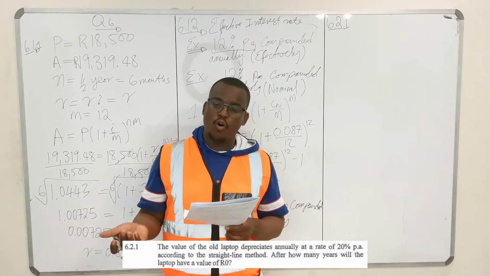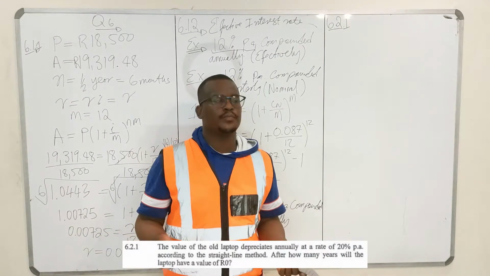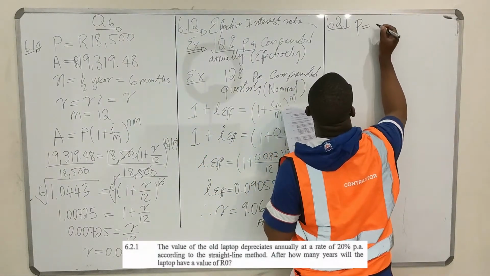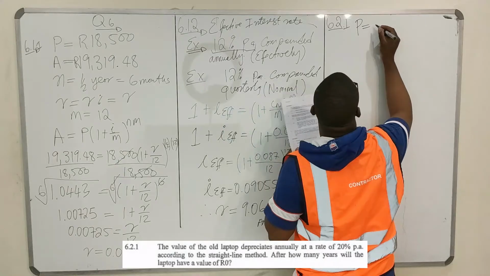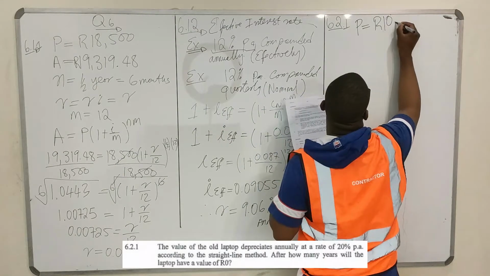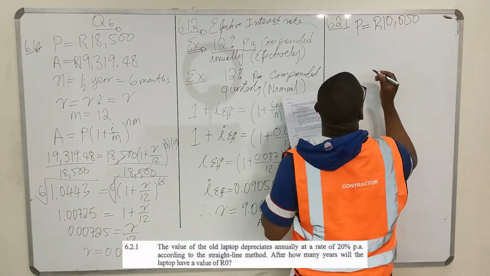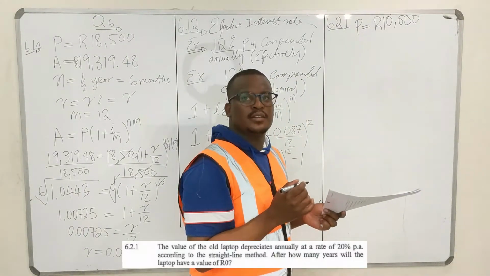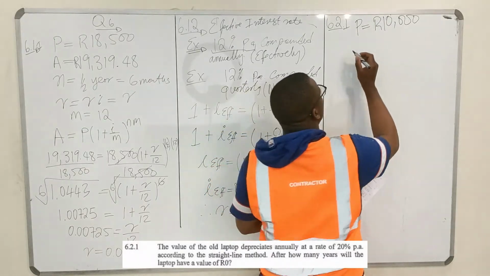They're asking, after how long will the laptop have no value? You are told that our friend purchased this laptop for 10,000 rands, and that it depreciates on a straight line basis.